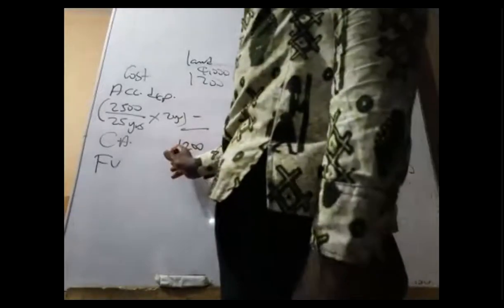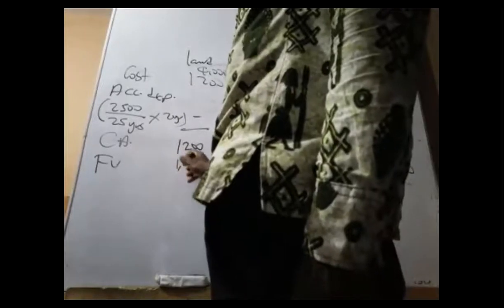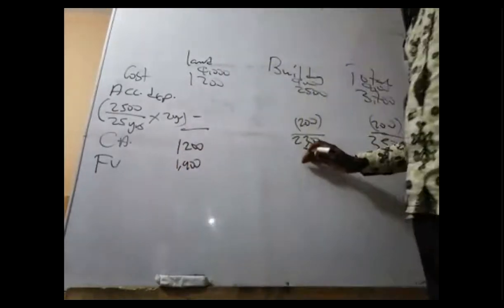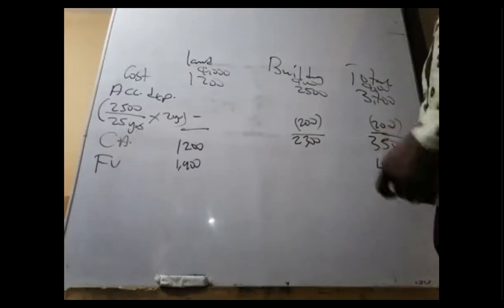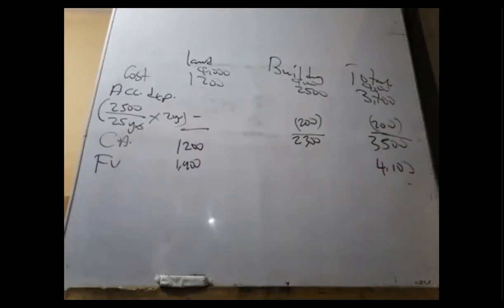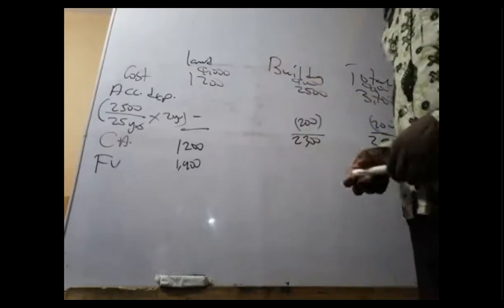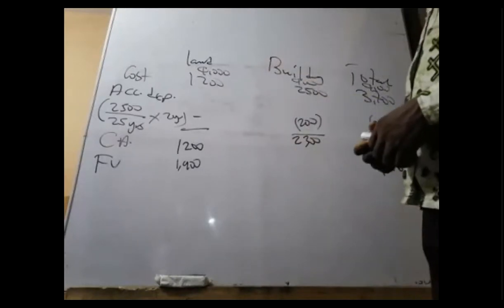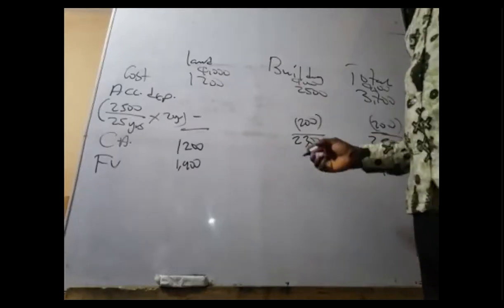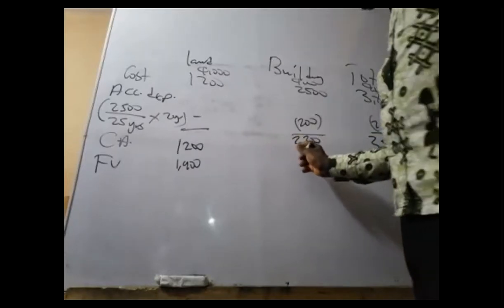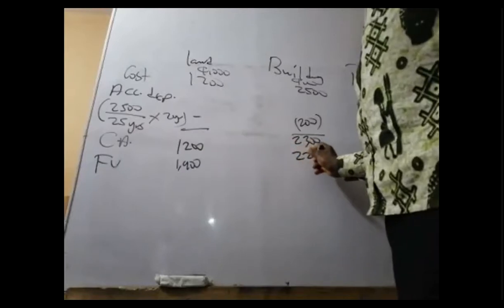Land is 1,900. So who will tell us the building? If the entire one is 4,100, then the building will be 2,200. So here should be 2,200.